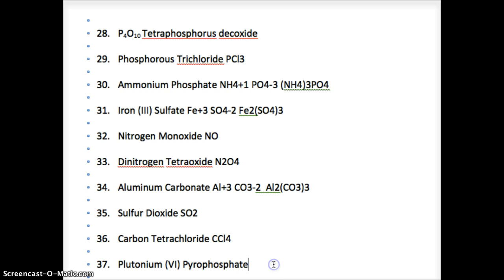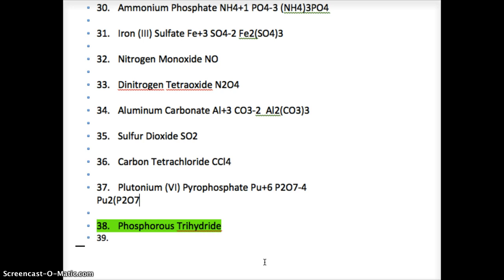All right, and 37, our very last problem here, we've made it. Plutonium 6. So Pu is a positive 6, pyrophosphate is P2O7, and he's a negative 4. Closest number these two have in common is 12. So to get to 12 on the plutonium, it's going to be Pu2, and P2O7, oops, I'll move it so you guys can see, and to get to 12 here, I need 3.